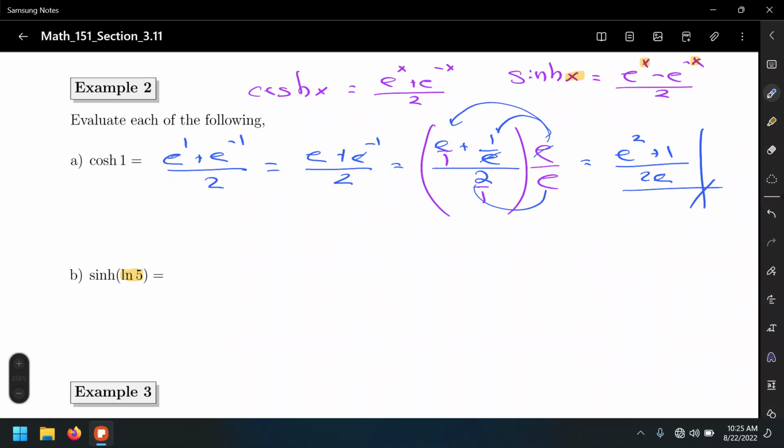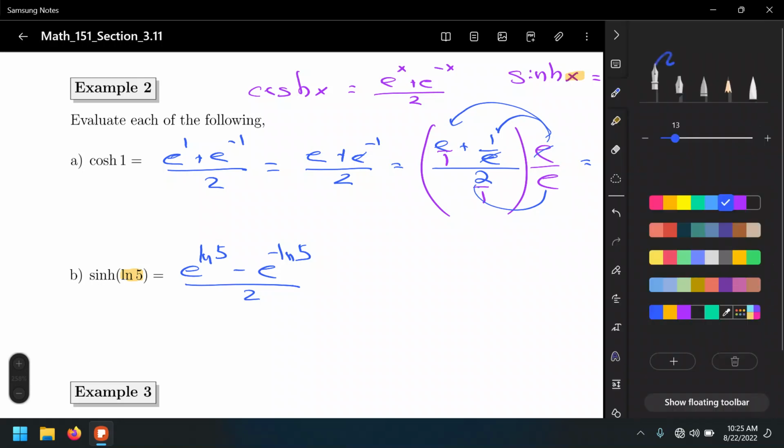That will be e to the ln of 5 minus e to the negative ln of 5, over 2. Right? And yes, this number looks a little bit funky. However, we can simplify this really nicely. Any ideas on what we can do here?